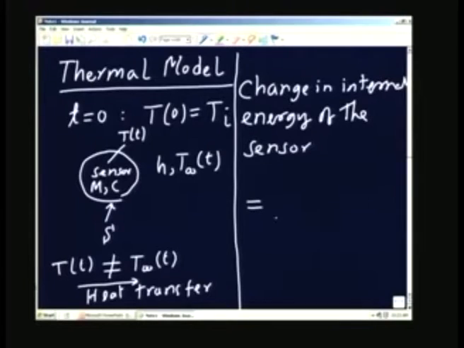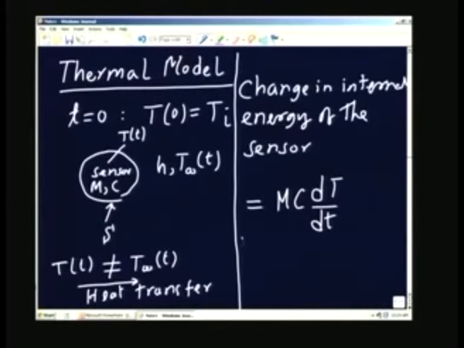Okay. So, the rate at which the internal energy is changing or decreasing is given by mass into specific heat, I am assuming that all these are constant, not varying with respect to temperature, dT by dt. This is the rate at which the internal energy of the system is changing.